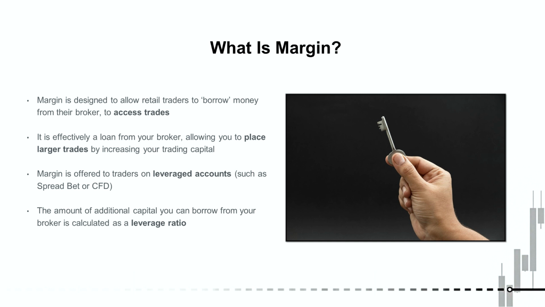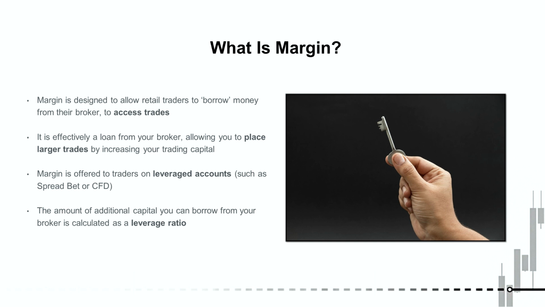It essentially means that they're loaning you some money to place larger trades than you otherwise would be able to with a standard account. Now, to access this, you'll need an account that offers what most brokers term as leveraged products. So something like a spread bet or a CFD account will allow you to access broker margin. A standard share dealing account, for example, wouldn't.